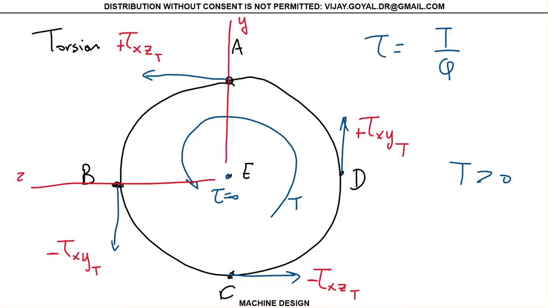You have to do your free body diagrams like this. If this happens to be a torque of minus 1200, okay, then it goes in the opposite direction. That means everything is opposite. That means now it acts in the x direction on the x plane, but in the opposite z direction. So now instead of plus, it will become minus, negative.